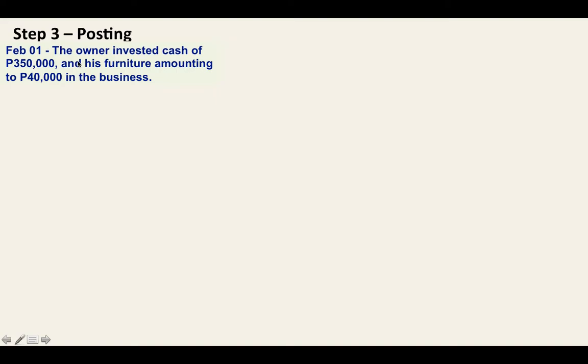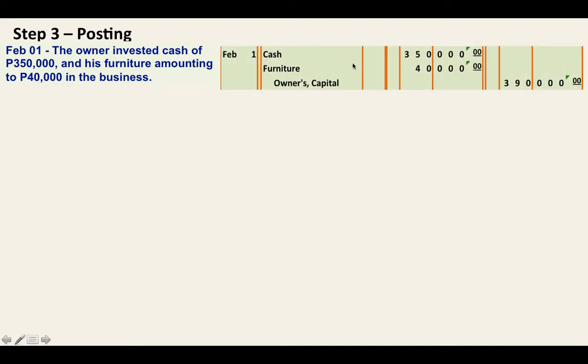If this is our financial transaction and this is our journal entry, we have to prepare our journal entry first, and then we have to open the GL account. We will use the T account as a simple representation of the general ledger.